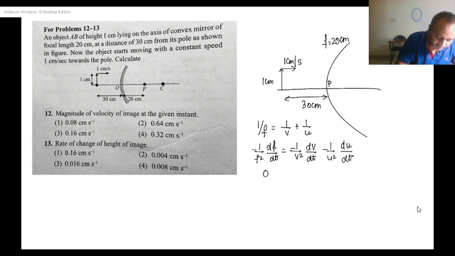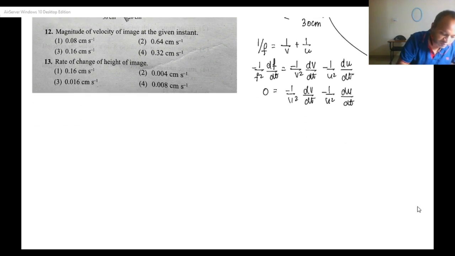The term df by dt of course will be equal to 0, as the focal length is always constant, so we are left with minus 1 by v square dv by dt, minus 1 by u square du by dt.